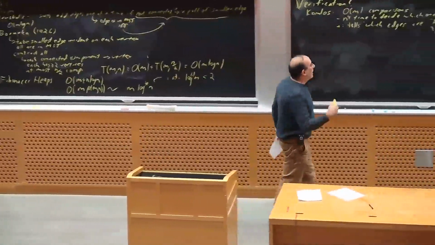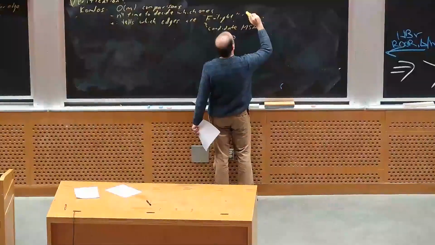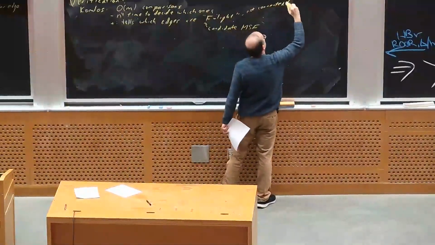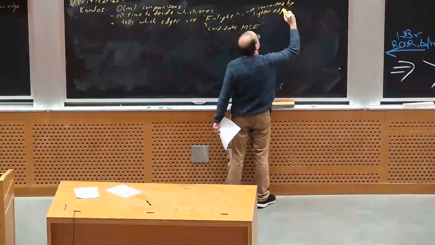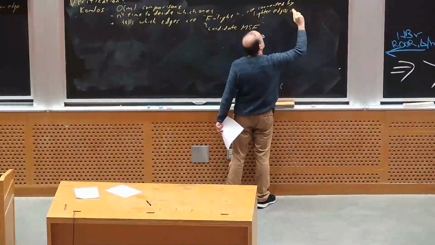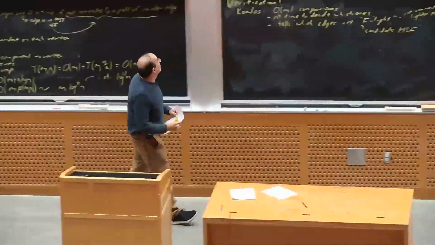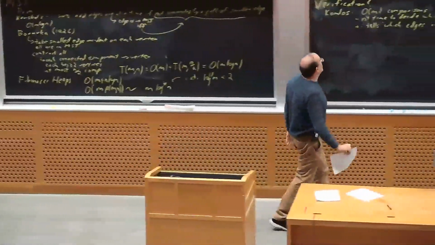But this algorithm will tell you all the edges that are not connected by lighter edges in F. So this again relates to the red rule, or maybe it's the blue rule.